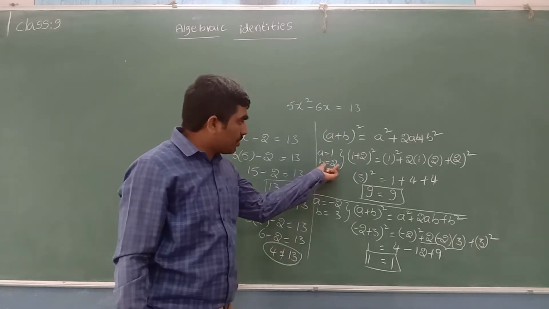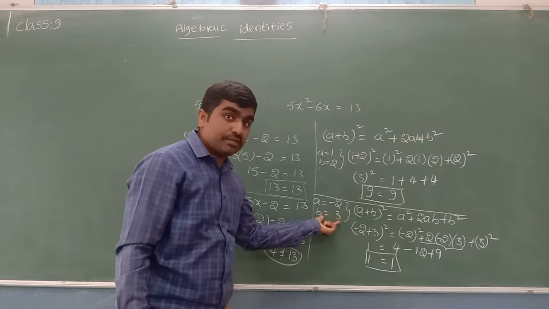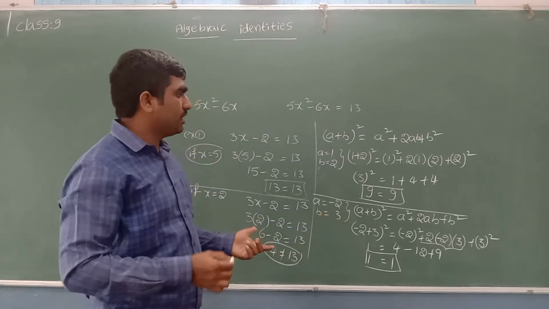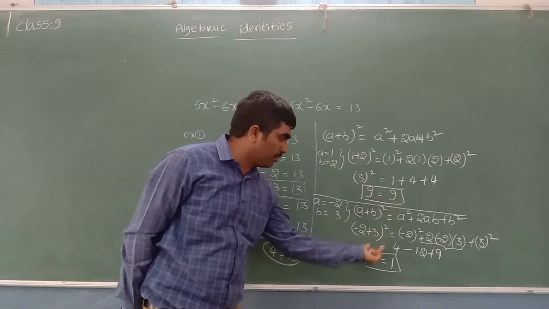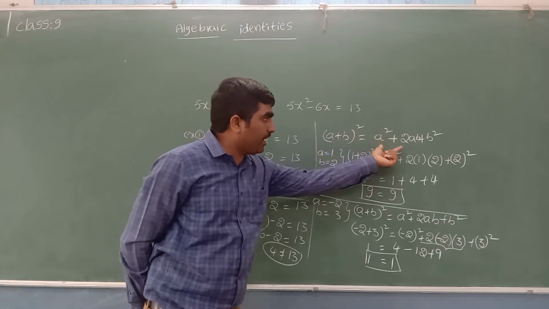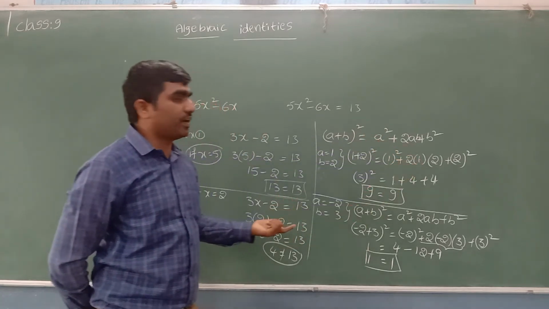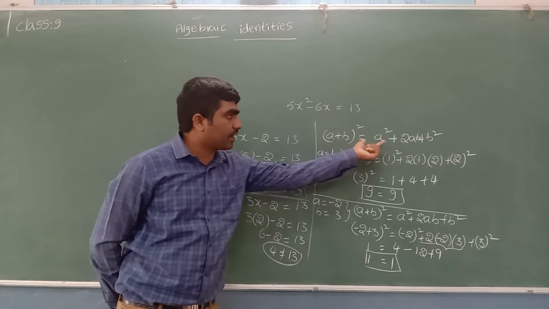Not only a is equal to 1, b is equal to... not only a is equal to -2, b is equal to 3. You take any values in the place of a and b, it is always true. It is always true means it is an algebraic equation which is true for all the values of the variables occurring in it.